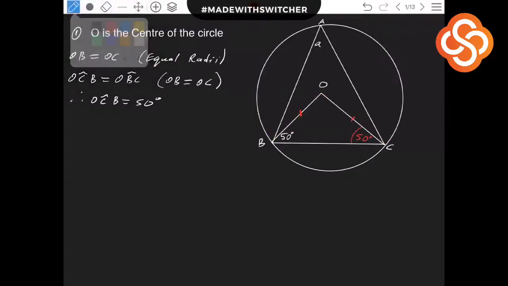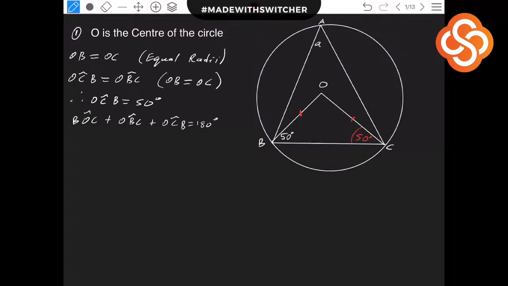Let us go ahead and do it. So BOC, when we add angle BOC plus angle OBC plus angle OCB, they sum up to 180 degrees.